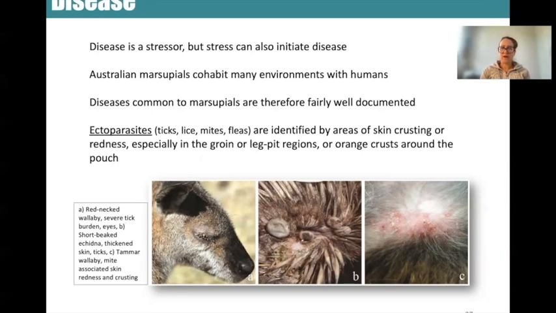Marsupials are subject to ectoparasites, which include ticks, lice, mites and fleas, and these can be identified by areas of the skin that are crusting or might be red. These tend to occur in the groin or leg pit regions, or sometimes are recognised as orange crusts around the pouch. There are a few examples there in wallabies, and the middle one is actually an echidna, but the other two are different species of wallaby.